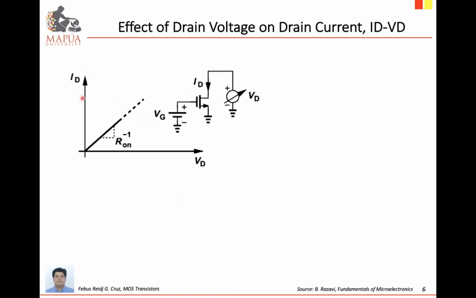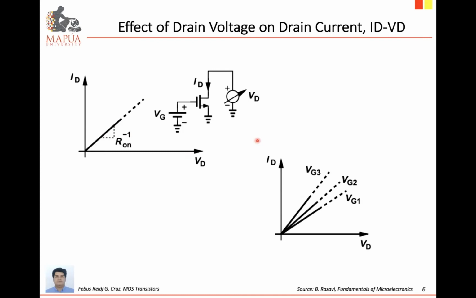From the characteristic curve, as we increase the drain voltage, we can see that the drain current increases linearly, exhibiting a characteristic similar to the resistor. If you get the slope of this characteristic curve, this will give us the channel resistance or the turn-on resistance of the MOS transistor.